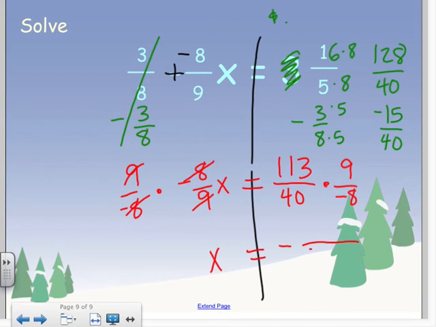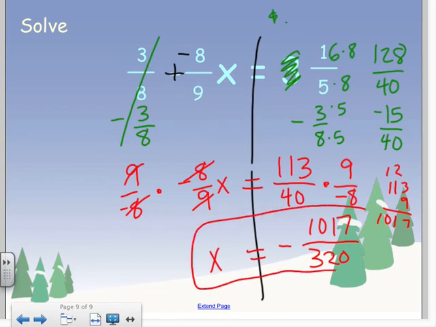So 8 times 40 is 320. 113 times 9, do that one out. 1017. So that's our final answer, negative 1017 over 320. Seems like a crazy answer, but hopefully you followed along and did it right, okay?